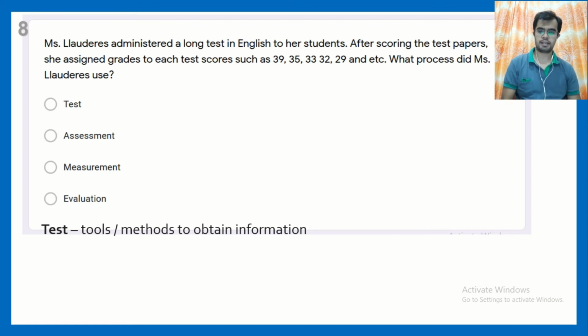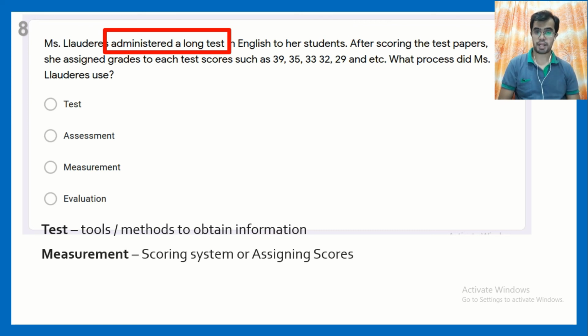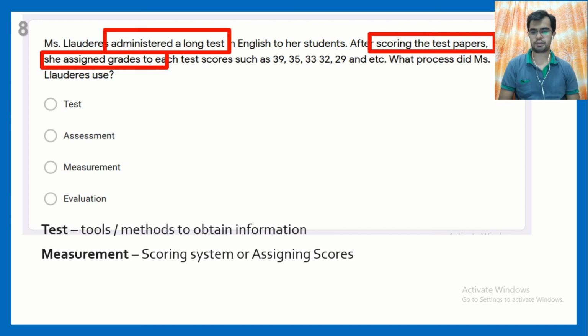First is test. Again, these are tools or methods to obtain information, and Miss Lauderes used a long test. Second is measurement. Again, it refers to scoring system or assigning scores. And Miss Lauderes also utilized that one. After scoring the test paper, she assigned grades to each test scores.